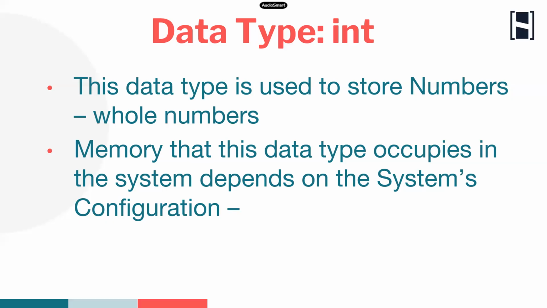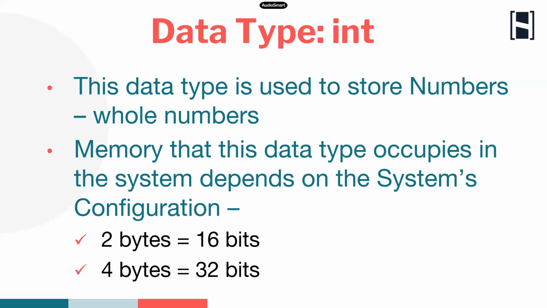Depending on my system's configuration, the memory allocated to my int actually differs. If my system is a 32-bit system, then integer occupies only 2 bytes of memory, that is 16 bits.